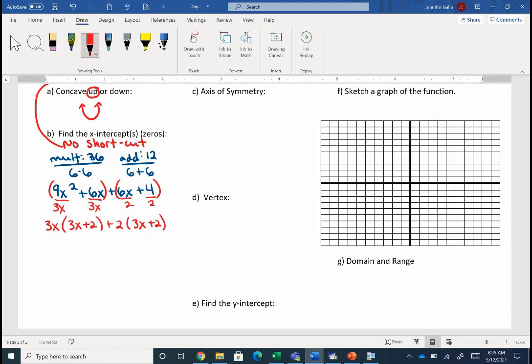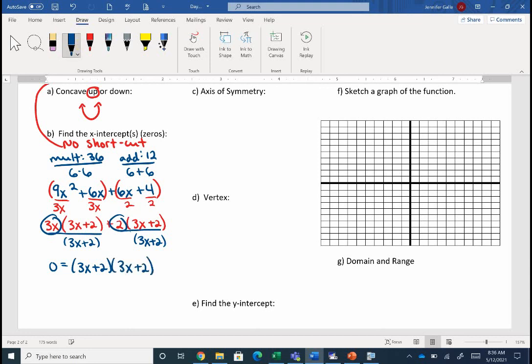The two sets of parentheses have to match. And then we can go from there. So we have a 3x plus 2 left over, and then we also divided by 3x plus 2.